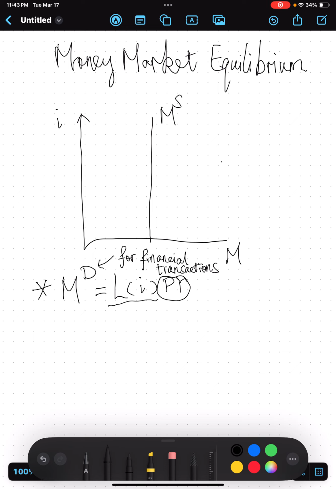So we know that it should look something like this for the demand curve. Given the nominal income, the higher the interest rate, the less preference you have to hold cash.